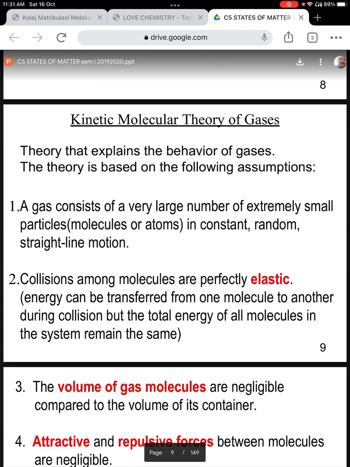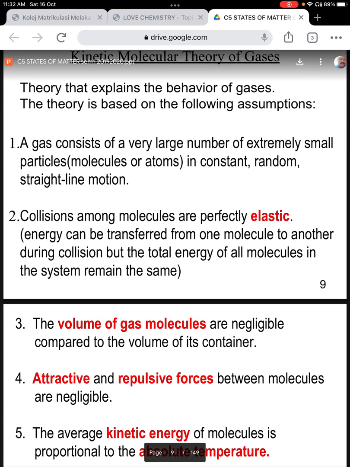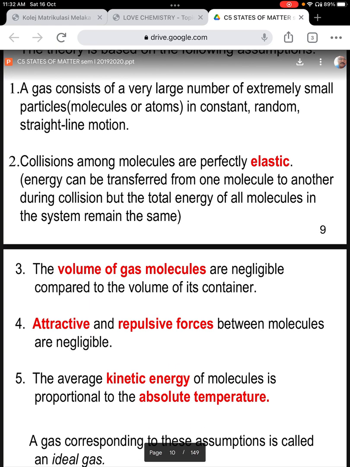Kinetic molecular theory of gases is the theory that explains the behavior of gases, and it is made based on the following assumptions. A gas consists of a very large number of extremely small particles, molecules or atoms, in constant, random, straight line motion. Collisions among molecules are perfectly elastic.